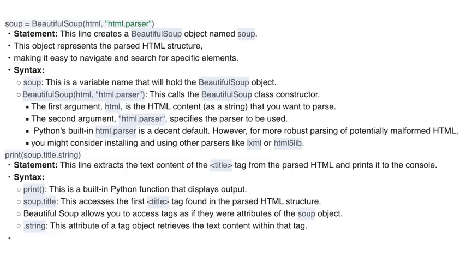So first your scraper fetches the raw HTML content using a tool like requests or urllib. Then it loads the content for parsing. Then it navigates the parse tree. This is a very important part. The parse tree contains nodes for tags, attributes, and text. This is how we find what we want to find inside the HTML.